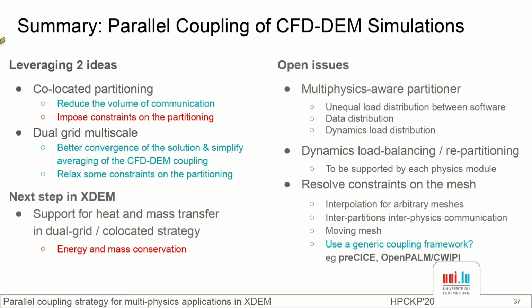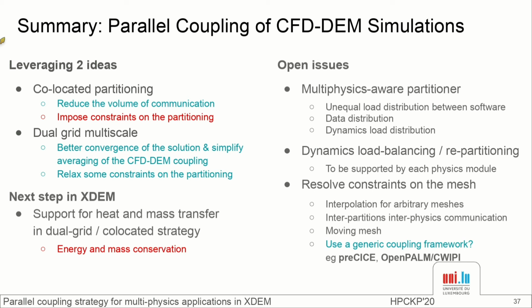The goal is to enforce a partitioning between the two software so that partitions of the two domains that are close in space will be collocated on the same process. Of course, to get this to work, it imposes some constraints on the partitioning and some alignment constraints between the meshes in CFD and DEM.